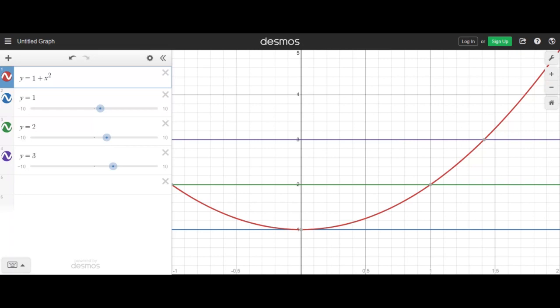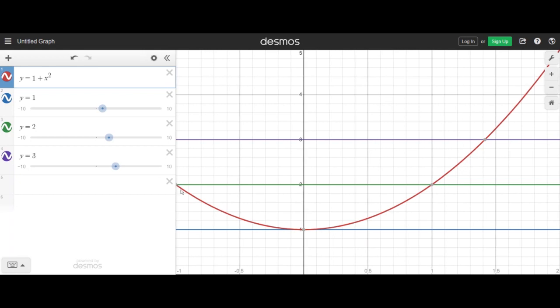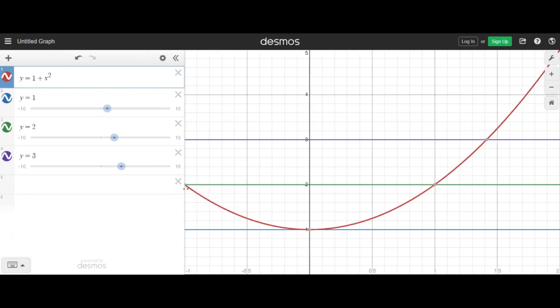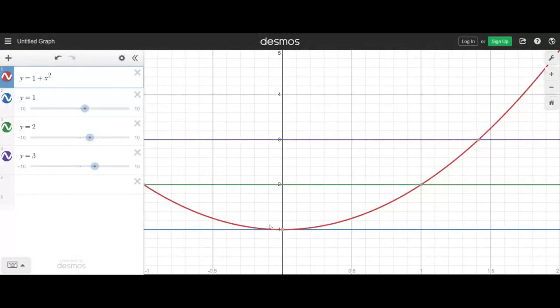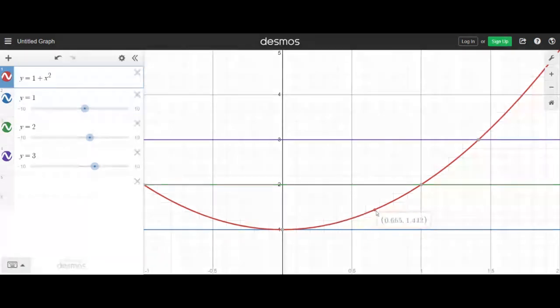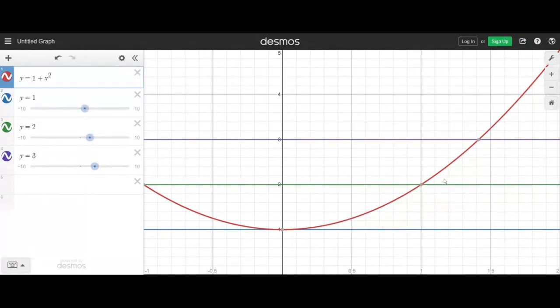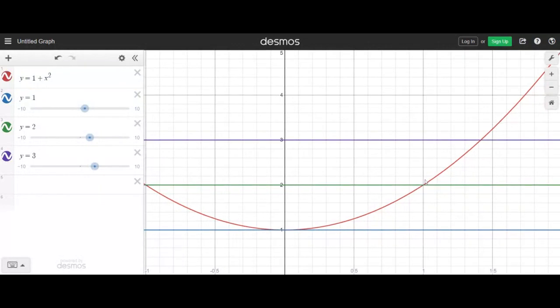What's happening here is that the average is 2, and you notice that the majority of y values fall below 2 on this graph, and less of the y values are above 2.